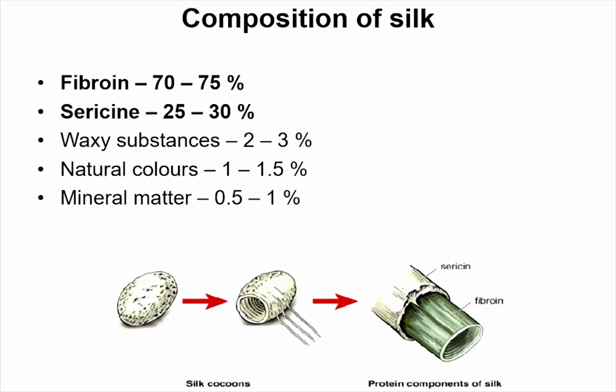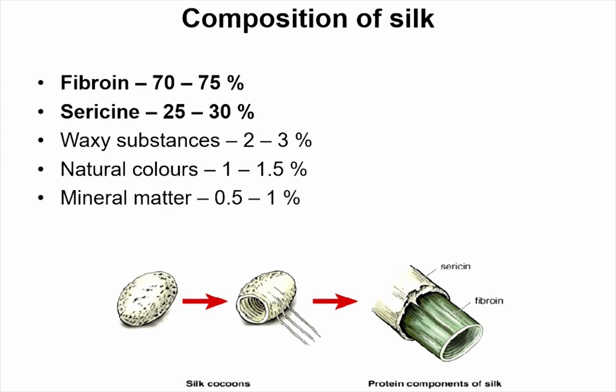Silk is a natural fiber available in the form of filament, but the natural fiber is composed with a protective layer normally called sericin.